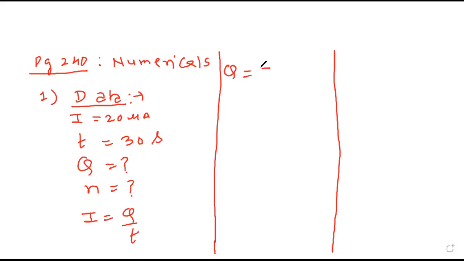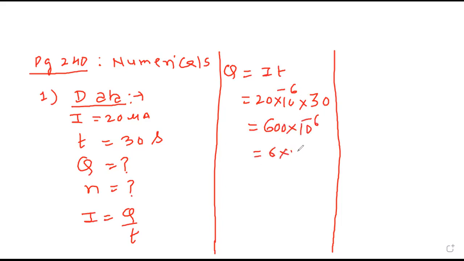Therefore, Q equals IT. I is 20 micro, convert into ampere, 20 into 10 raised to minus 6, into time 30. So this is 600 into 10 raised to minus 6. That means 6 into 10 raised to minus 4 coulomb.